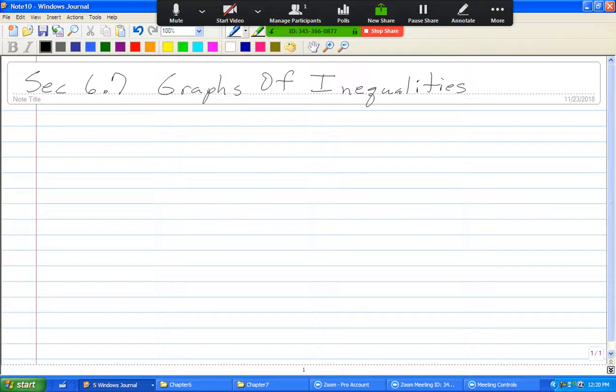Okay, so standard form. This is for an inequality in two variables.